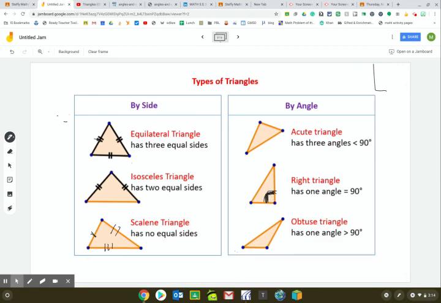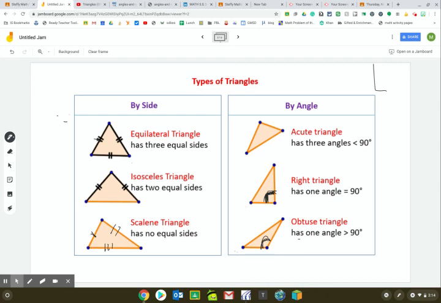That's a mathematician's way of saying, hey, this is right. And the last one is obtuse triangle, where I used to think of obtuse as similar to obese, which means it's greater than 90 degrees. So in other words, this angle right here is wider than the L shape, which means it's greater than 90 degrees.